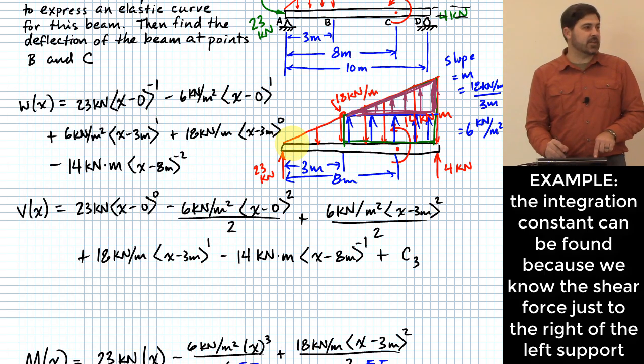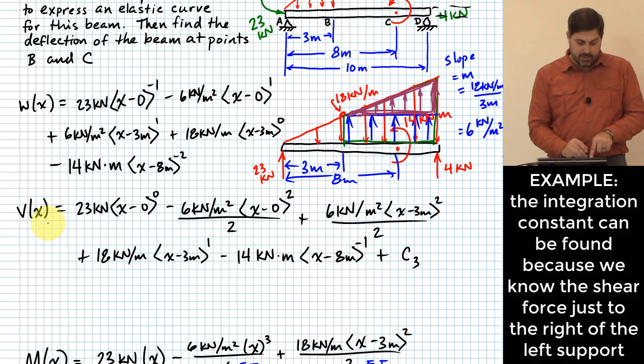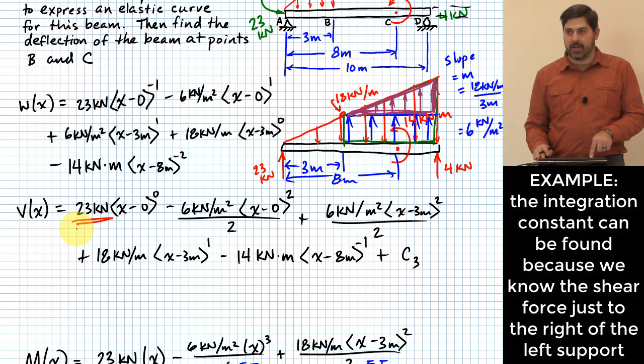Having had all that discussion, what can I say about C3? Okay, careful. At x equals 0 plus, the whole thing should be 23 kilonewtons. We get the 23 kilonewtons from this term right here, right? So what happens with C3? Unnecessary, it is 0. Does that make sense?